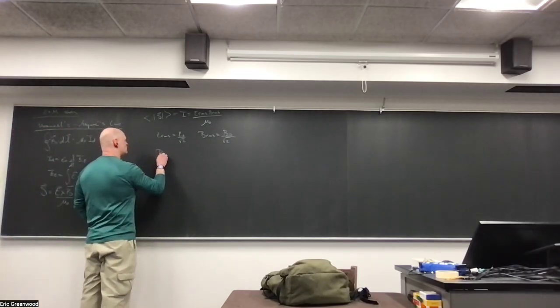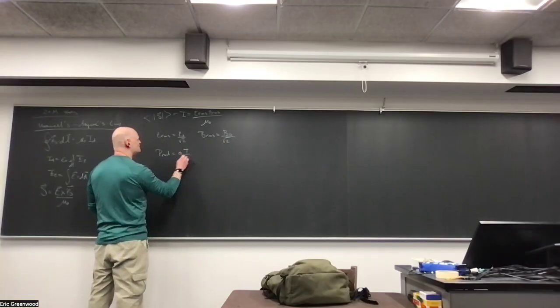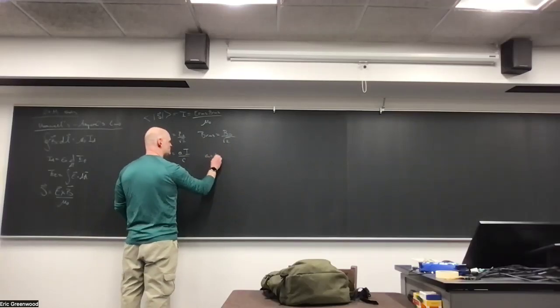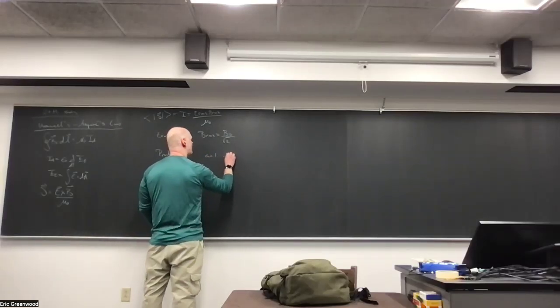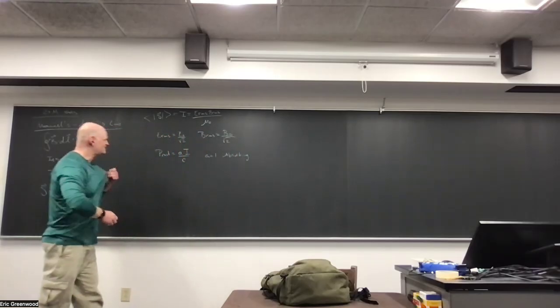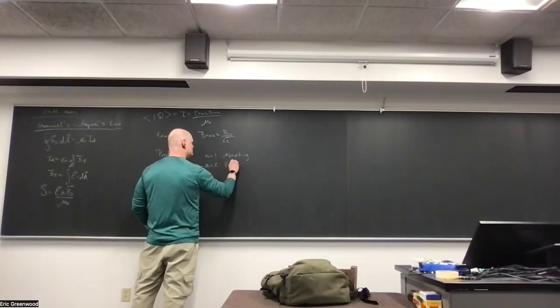Radiation pressure. The radiation pressure is equal to A times the intensity divided by the speed of light, where A is equal to 1 if the material at which the light is shining is absorbing, or 2 if it is reflecting.